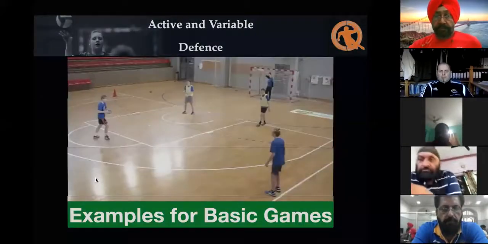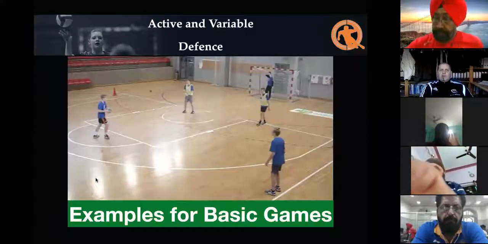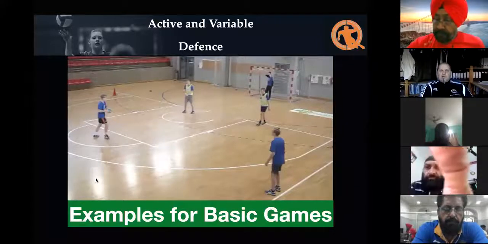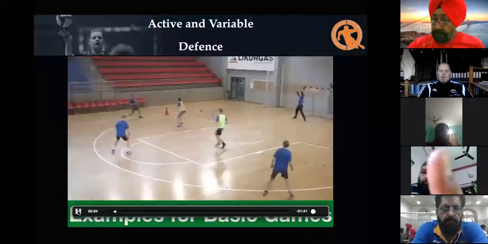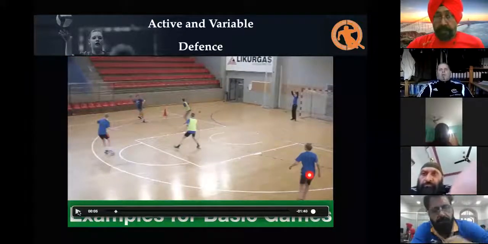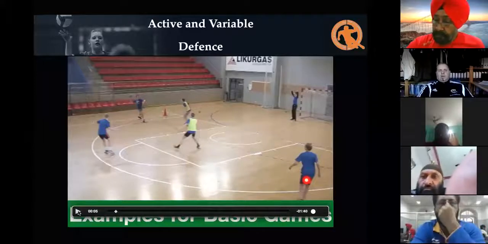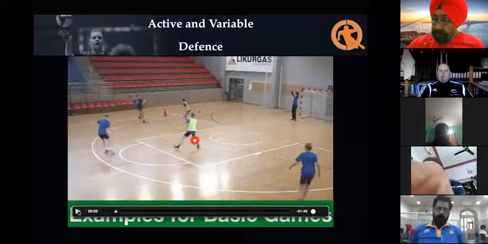Okay, just the other way around, like before with the wings. Now we see a situation 3 against 2. It's left back, center back, and right back. They have to play against 2 defenders only. But you see, space is reduced.